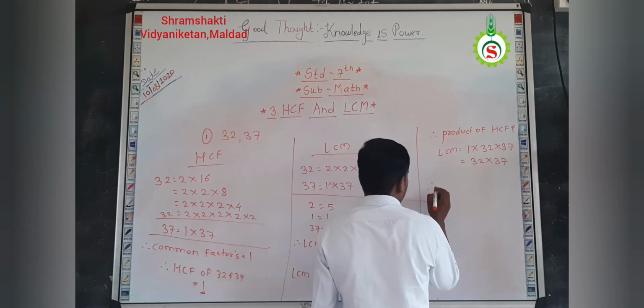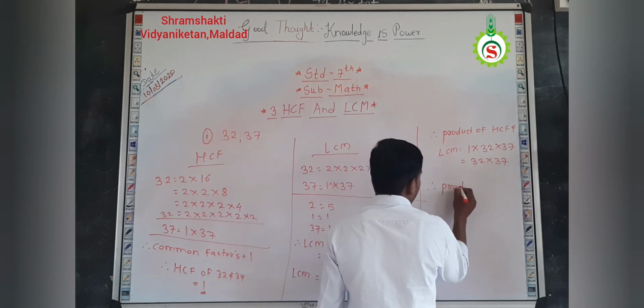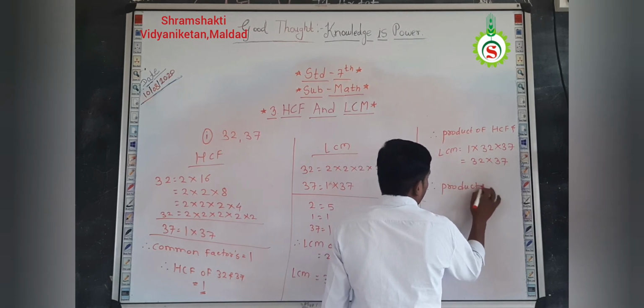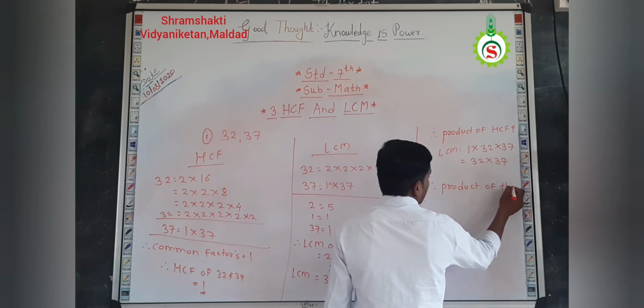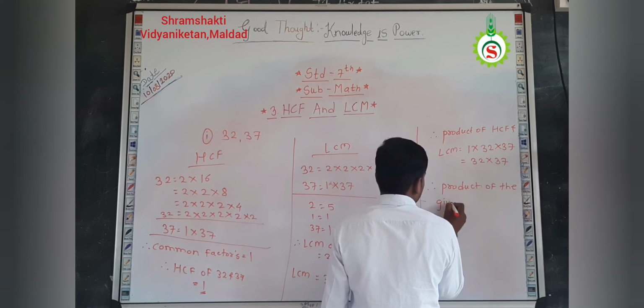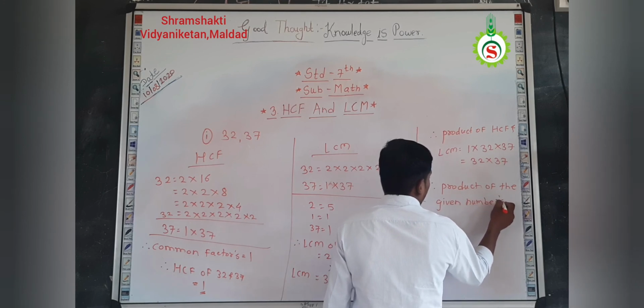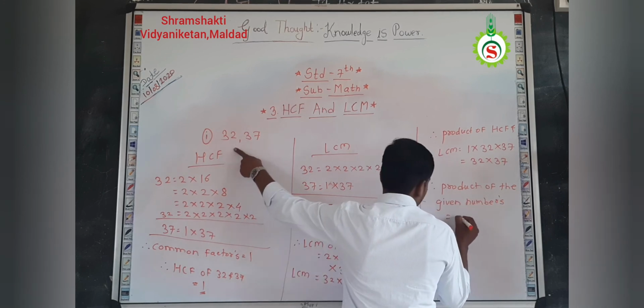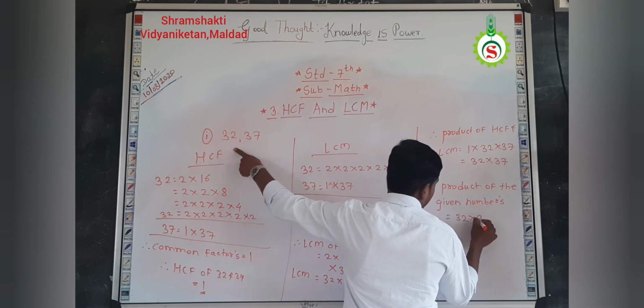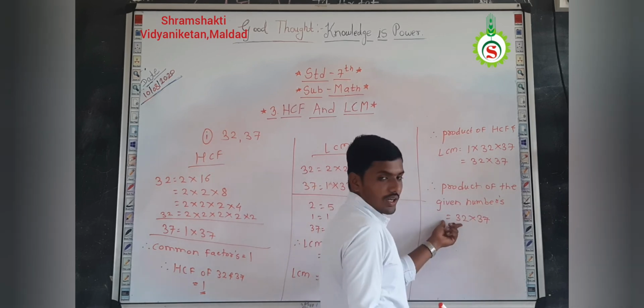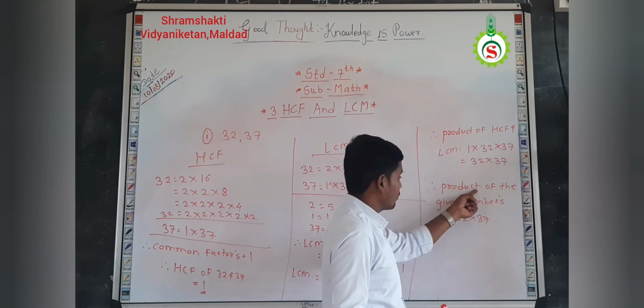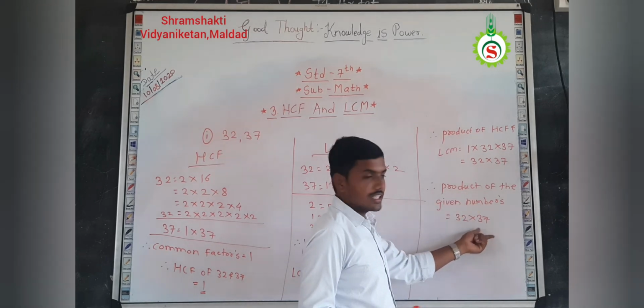Now if we take the product of the given numbers, which are the given numbers? 32 and 37. That is the product of the given numbers. The product of the given numbers is 32 into 37.